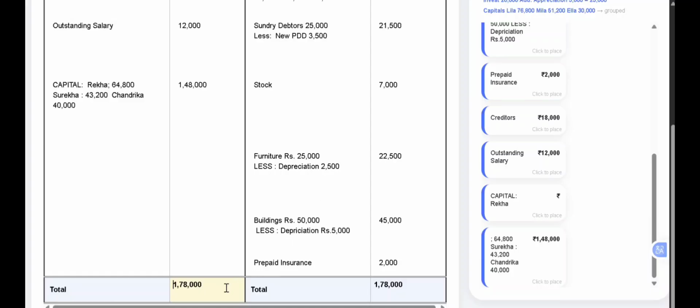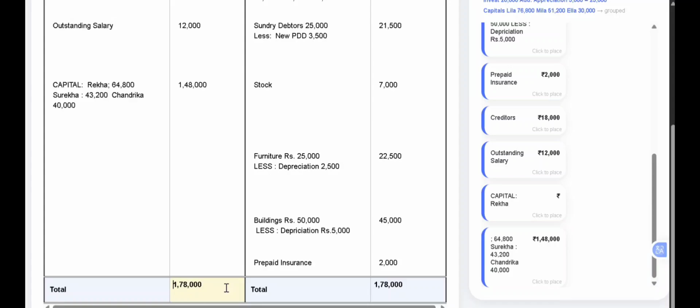So their capitals are Rekha is 64,800, Surekha is 43,200, Chandrika is 40,000. So the total capital is 1,48,000. So these are the entries which will be recorded in the balance sheet along with the adjustments.